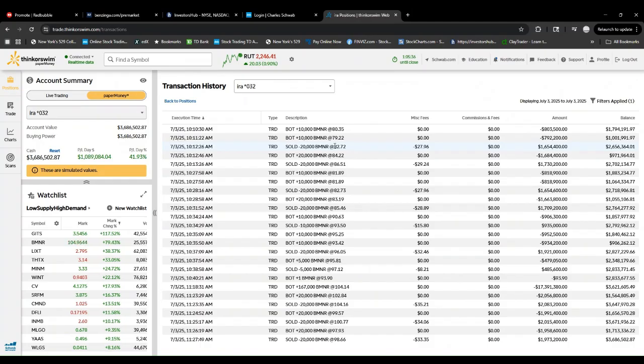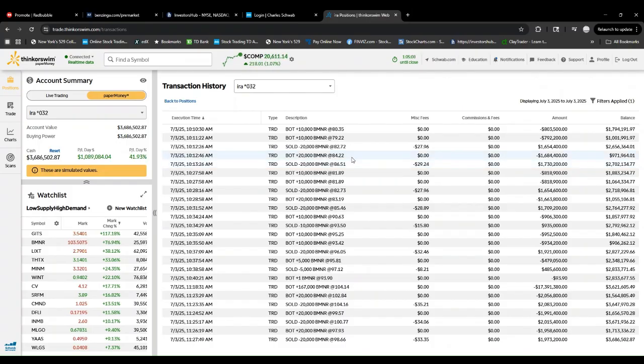And then I sold at 82.72, so I got a nice little green trade. From there, I continued.